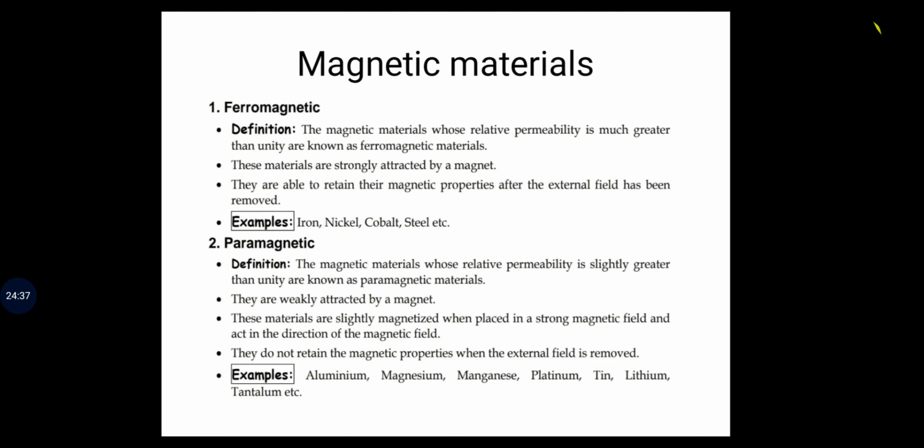Those elements are called ferromagnetic materials. Examples of ferromagnetic materials are iron, nickel, cobalt and steel.